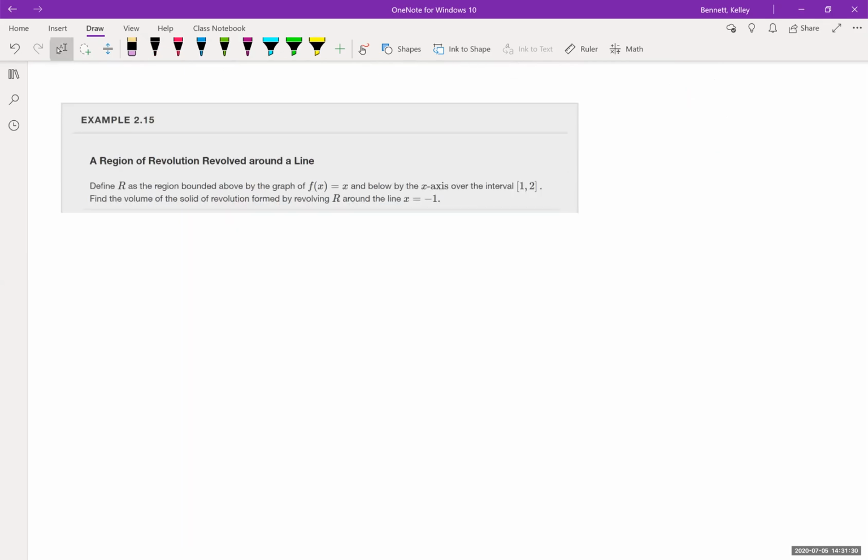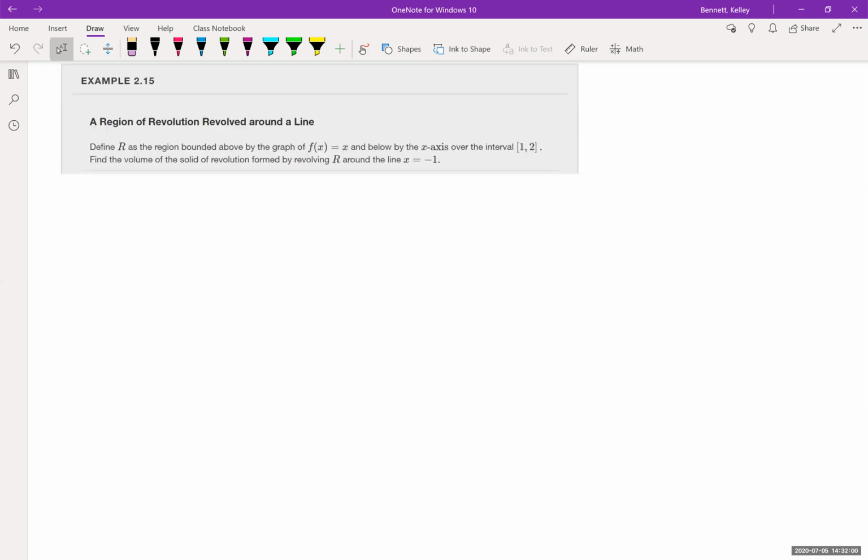We just have to be a little bit careful with our radius, because previously our radius has been how far away from the x or y axis we are, usually just an x or just a y. But now, since we're rotating about x equals -1, we have to factor in that extra distance into our radius. But it's super straightforward. You just have to be organized in your diagram and in your thought.